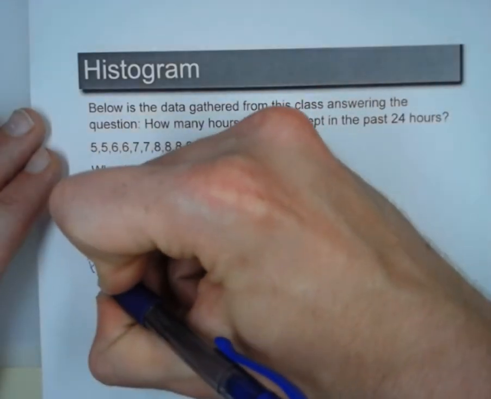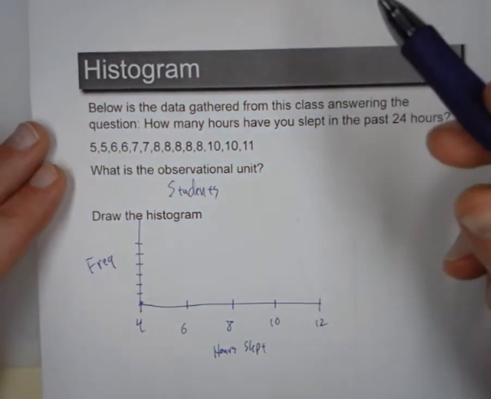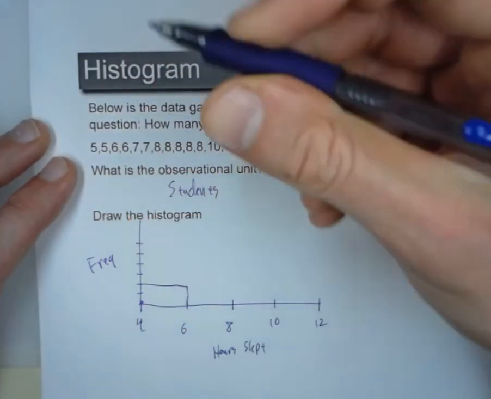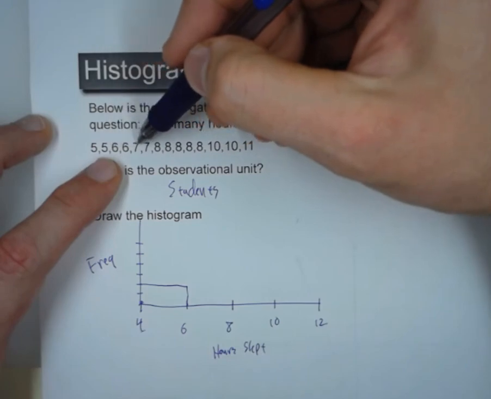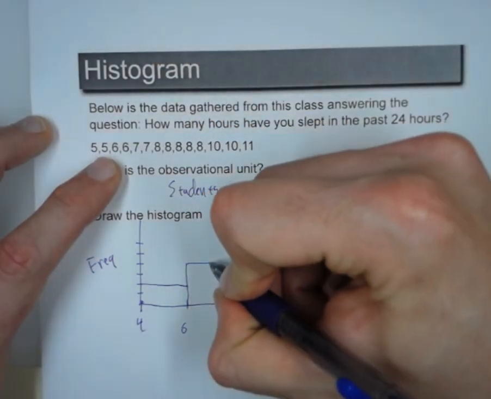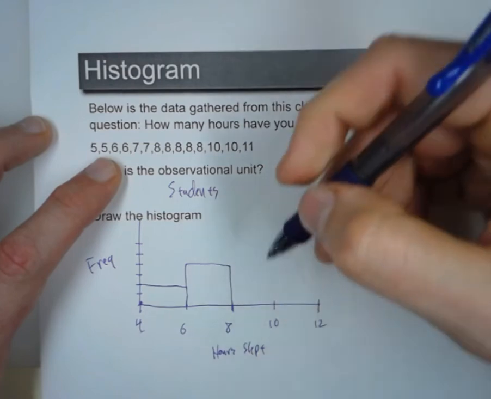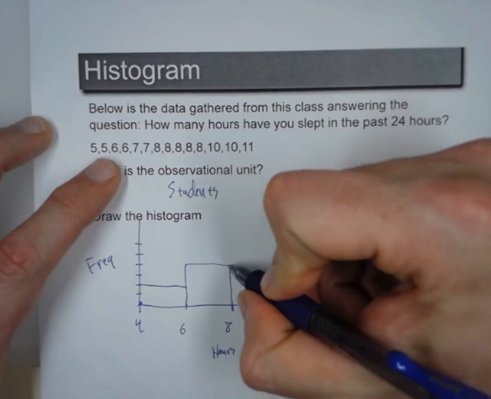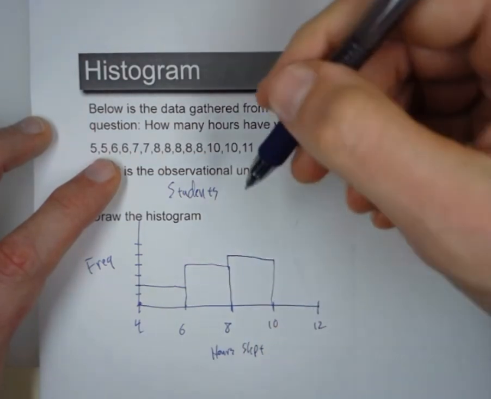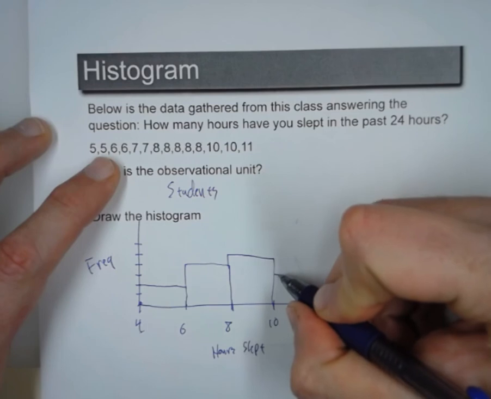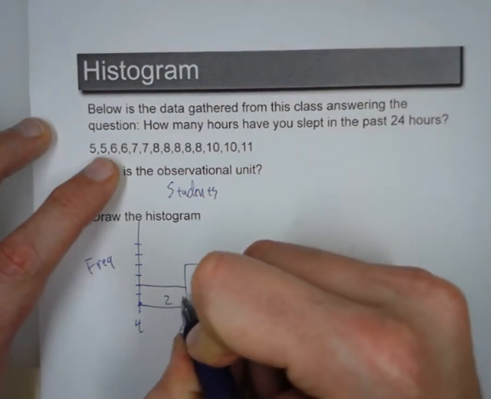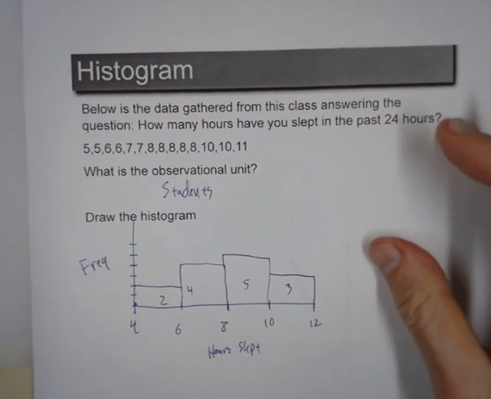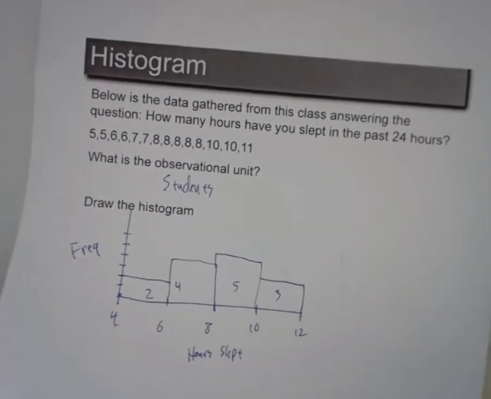And this is frequency. So how many from 4 to 6? Only 2, because 6 goes in the next bar. The next is 8 to 10, but we only include the 8s and the 9s. And then 10 and 11, that's going to be 3, like that. 2, 4, 5, 3. So there is what that histogram looks like.